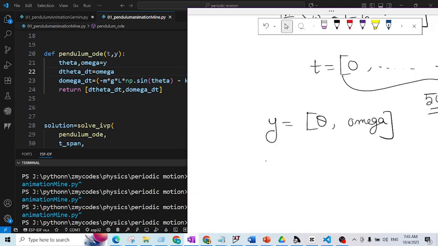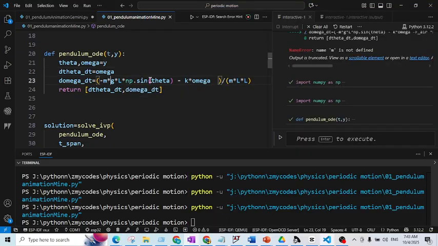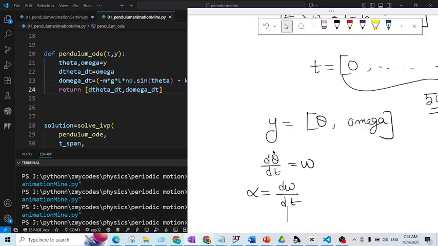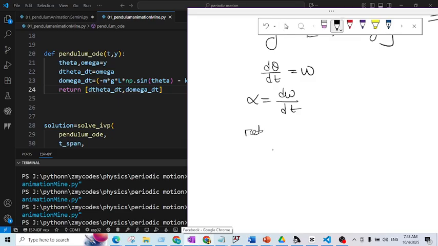Now we know that d theta by dt is simply omega, right? So I have written this here, and then I have written the equation of alpha, which is actually d omega by dt. So I have written the equation for d omega by dt here, and then I have returned these two things, first d theta by dt and then d omega by dt.